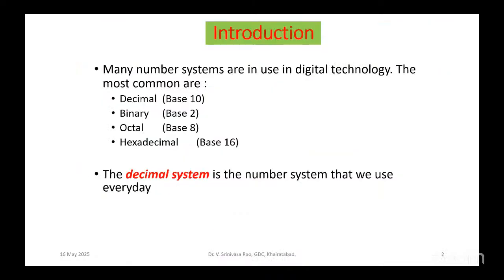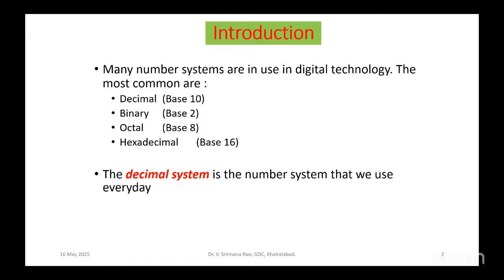So here are many number systems which are used in digital technology at present. What are the common number systems we are using in digital technology? One is the decimal, where the base of the decimal is 10. Another one is the binary system.